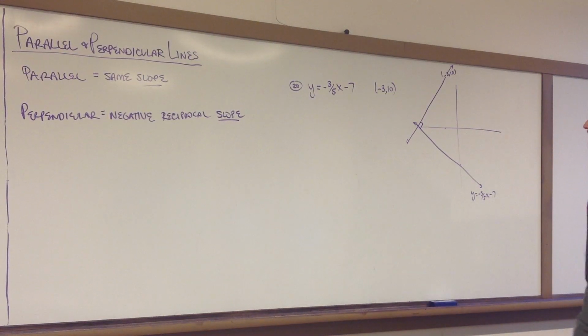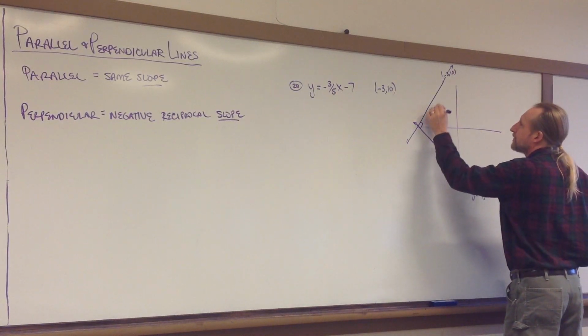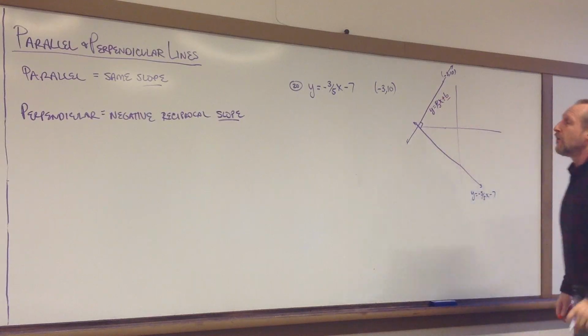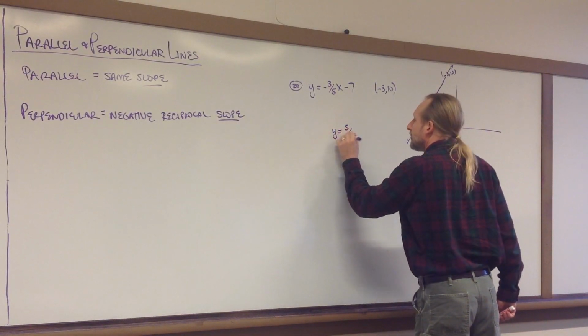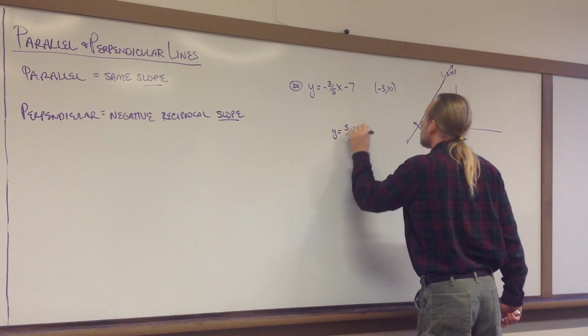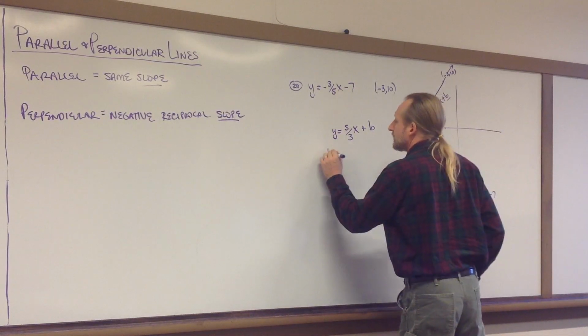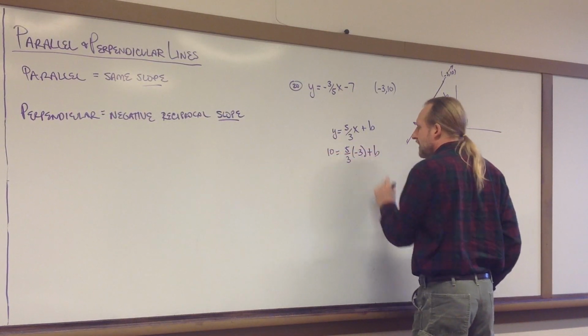The slope here has to be positive 5/3. That's the negative reciprocal. And then we'll find out what the y-intercept is in a minute. So positive 5/3x plus b. Y is 10. X is negative 3.